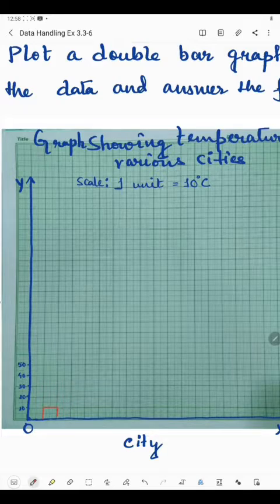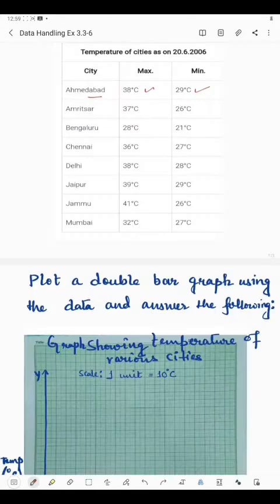See, this is whole unit and in 1 unit we have 1, 2, 3, 4, 5, 6, 7, 8, 9, 10 boxes. So if you make it half, 5 each, so 5 will be showing maximum and 5 will be showing minimum, and in this 1 unit we can measure maximum and minimum temperature of the city.